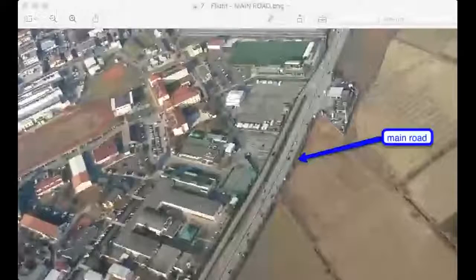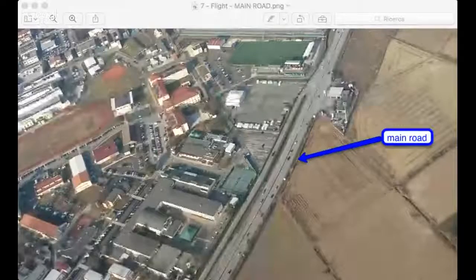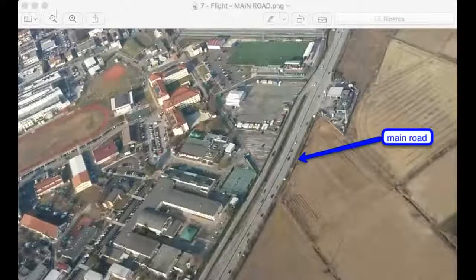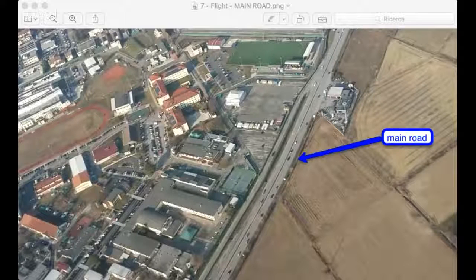Now, let's see what else I had planned to show you. So here we have the main road, which goes past the petrol station. And main road is different from what we call a motorway, which I think the Americans call highway, if I'm not mistaken.